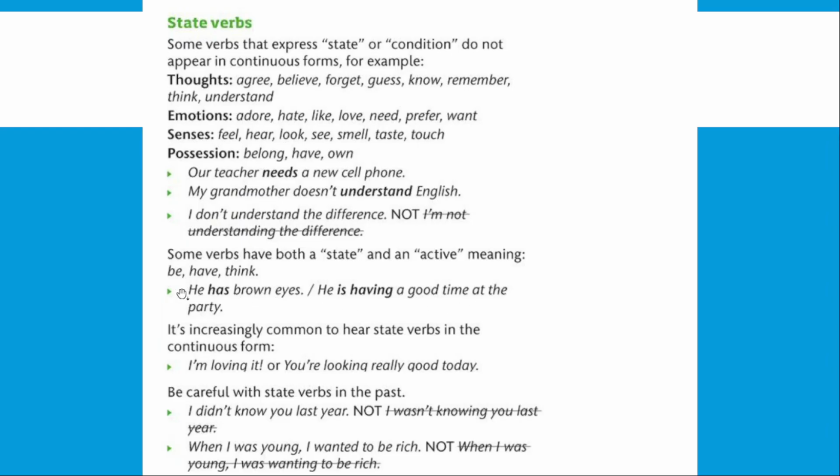It's possible. Remember the activity about the neighbors? Because they were having a party. It's possible to say the verb to have in this case. But in general, it's not possible to say it in gerund form because this is a state verb.